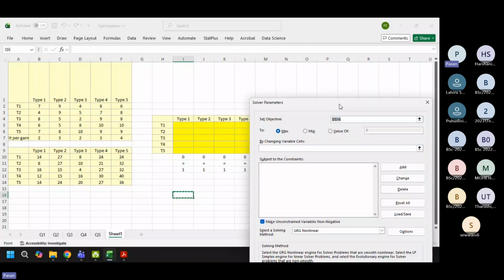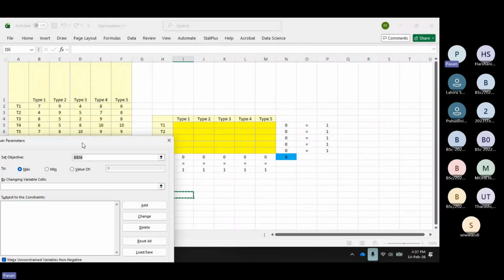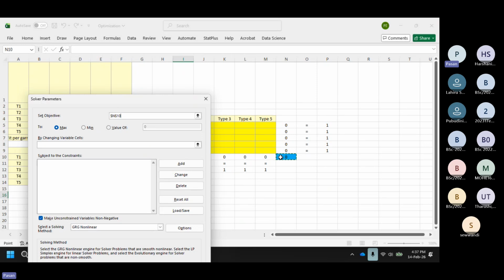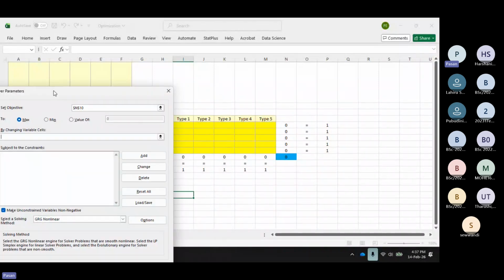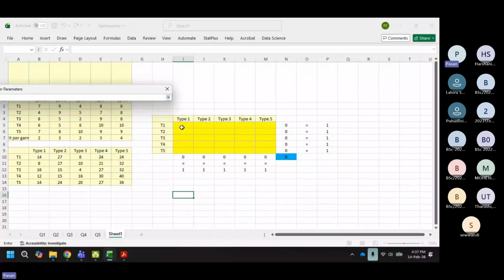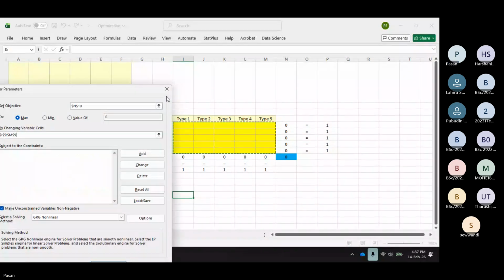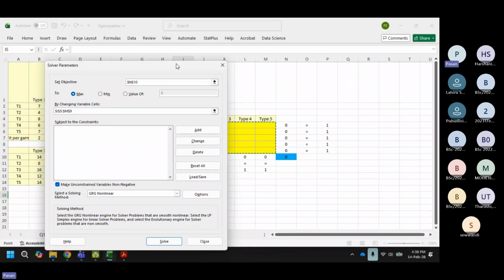So with this information, my objective cell is this one, and I'm doing the maximization on this one. My variable cells are going to be this set here. Then I can add the constraints here.